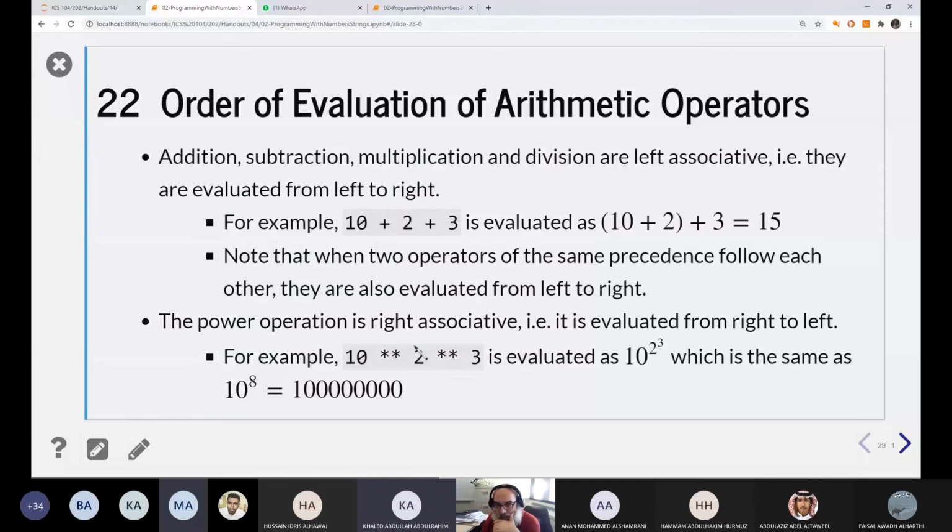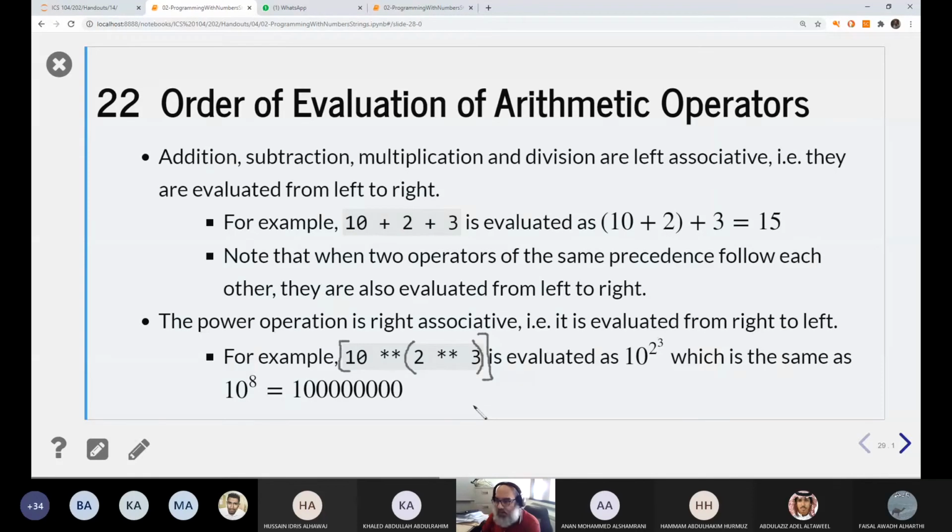Between 2 and 3, because it is right associative. This will be evaluated first. 2 to the power 3 is equal to 8, and then I will compute 10 to the power 8.